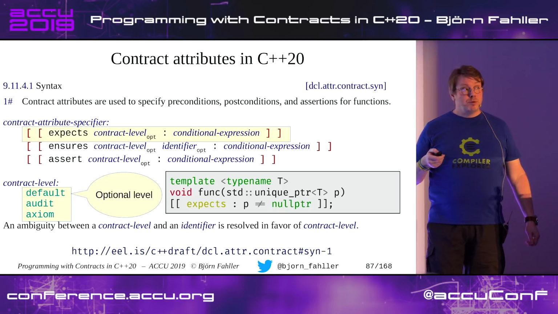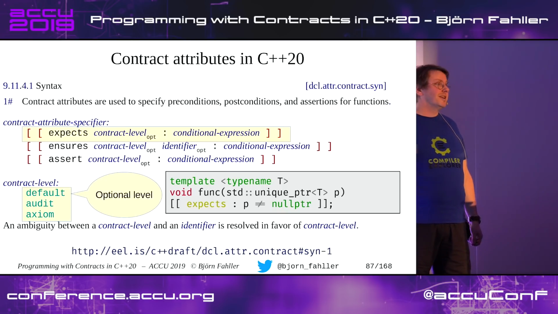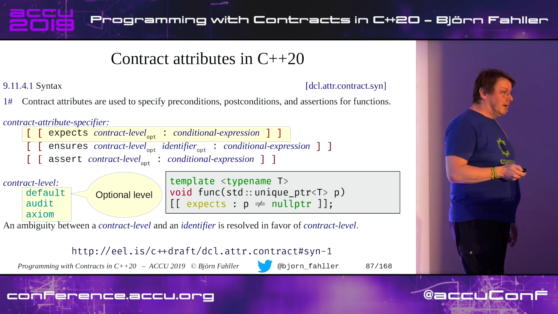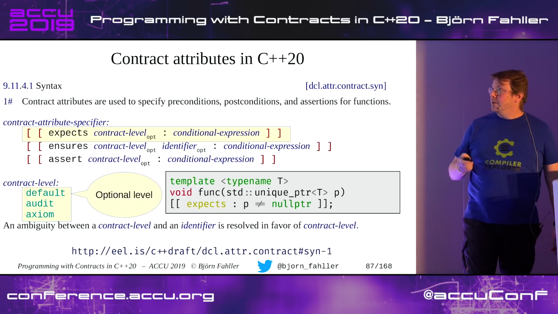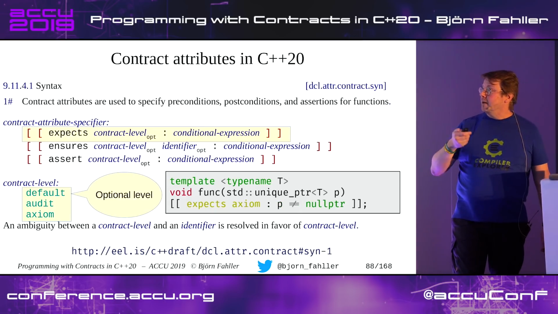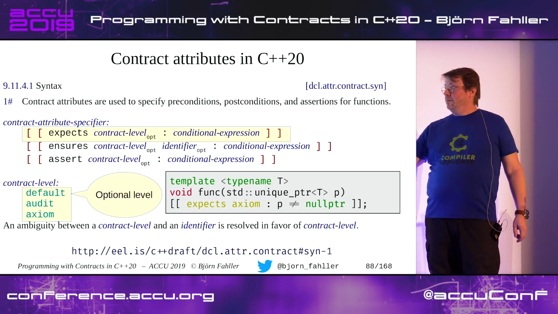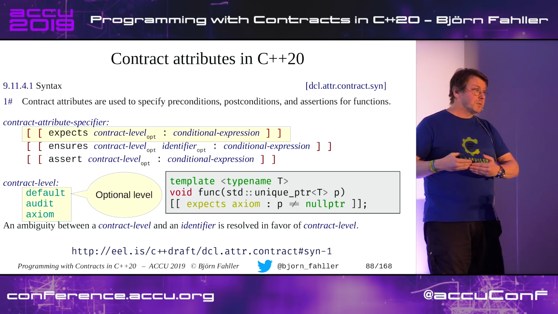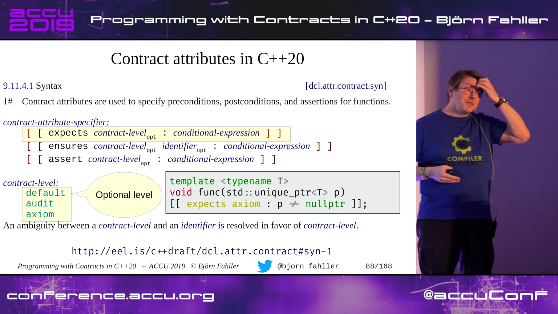I believe probably we will see support in IDEs that can signal things. Future will tell. Speculation. But yeah, so that's why I have this, and you can then change it. So in this case, I'm changing the precondition here to be an axiom that P is not null because we don't actually want to do the check, but we want to give a static analyzer the ability to check.